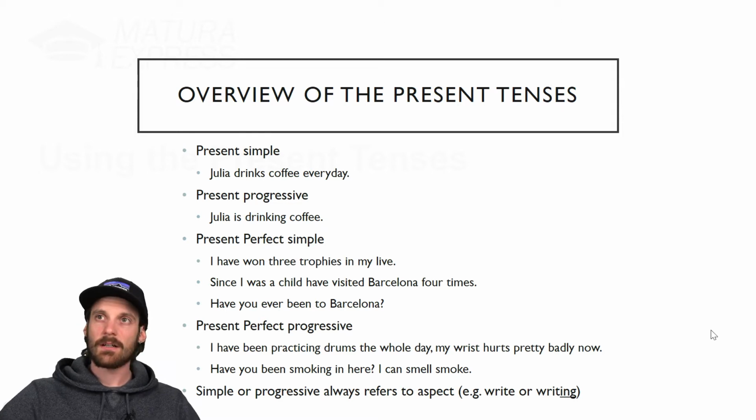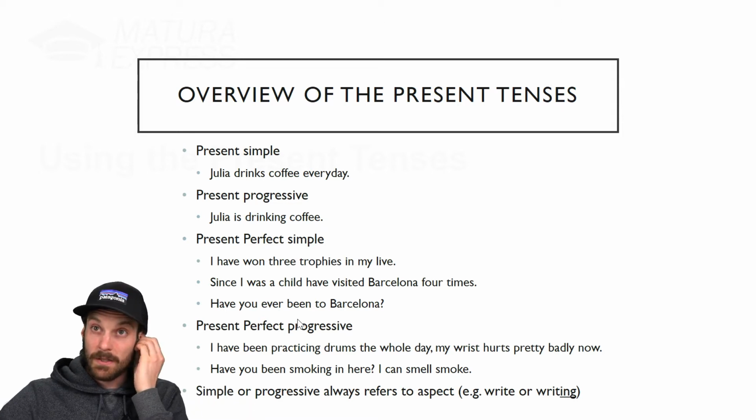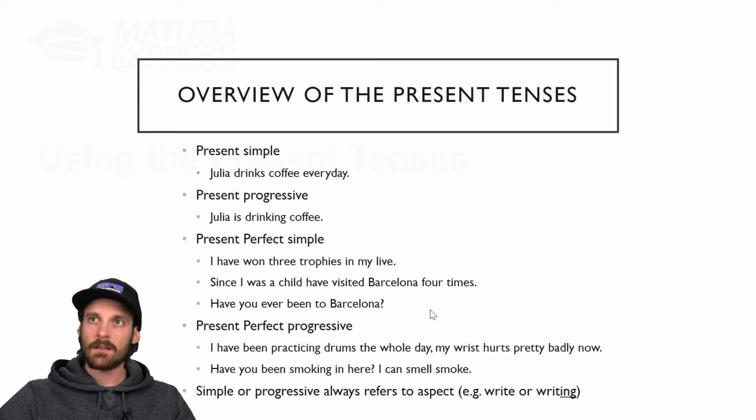With the present perfect progressive and also of course present progressive, we are focusing on the action, in this case practicing drums, and the result of the action. Or, have you been smoking in here? I can smell the smoke. So there is an action going on and there's a result.